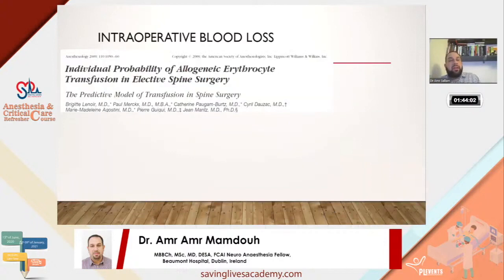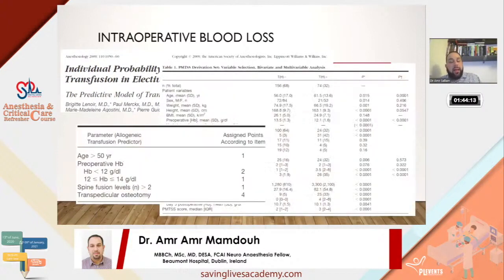Some groups tried to develop a predictive model for which patients will receive blood and need proper investigation of their blood. They found that age over 50 with lower hemoglobin was a factor, but a transpedicular osteotomy has the same scoring number as all the other criteria, which again indicates the importance of the procedure itself.